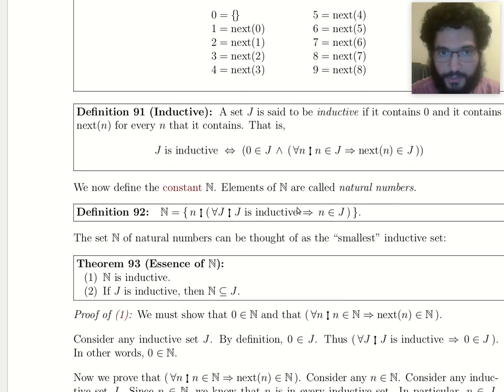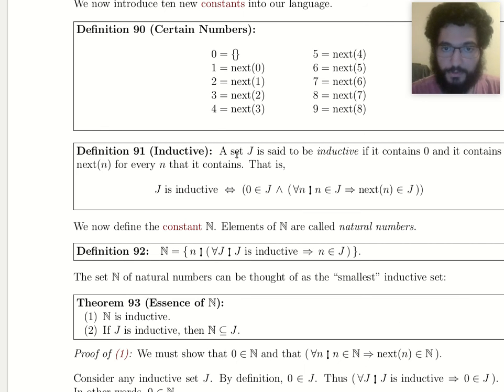Okay, let's look at the definition of inductive. There are two things to prove. To prove something is inductive, we have to prove that it contains 0 and that it contains the next of anything that it contains.